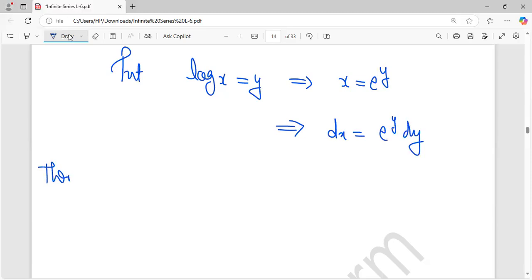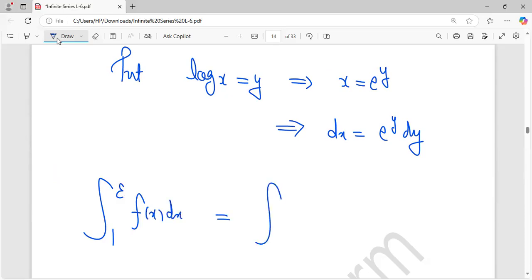Then the integral changes. When you put x as 1, the limit will be 0, and the upper limit will be log epsilon.